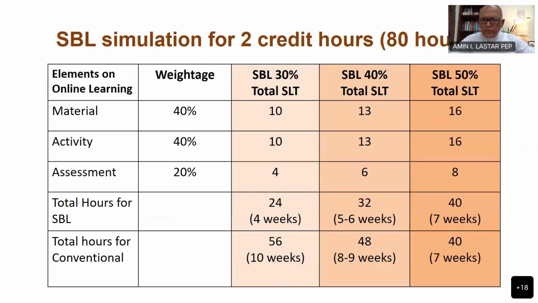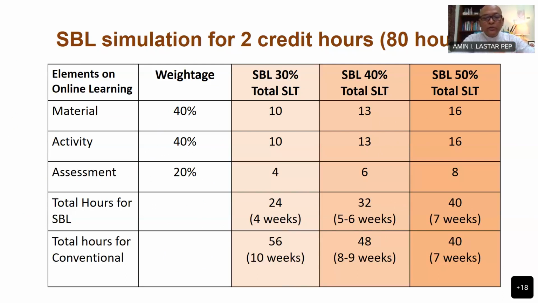Since you don't have 2 credit hours anymore, but just as a brief one, it's still on 30% here, 40% and 50% columns, you can see that one, and the weights 40 40 20 is there regardless of the credit hours of the course.